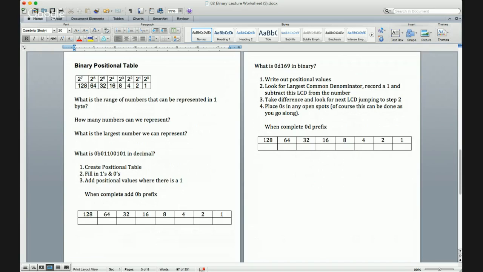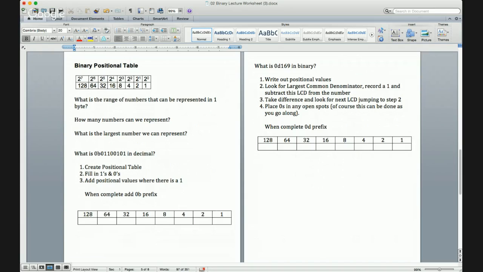What is the range of numbers that can be represented in 1 byte? Any network engineers here? Should be right at the tip of your tongue. You've probably seen this in IP addresses or in your networking at home, and you probably just didn't recognize it, but now it's going to jump out at you.